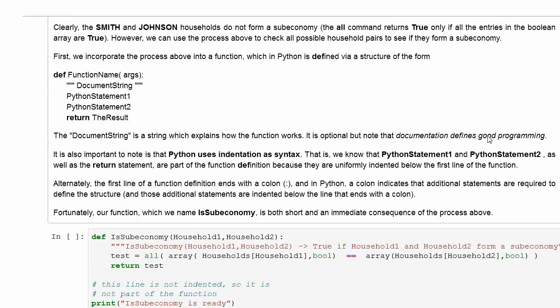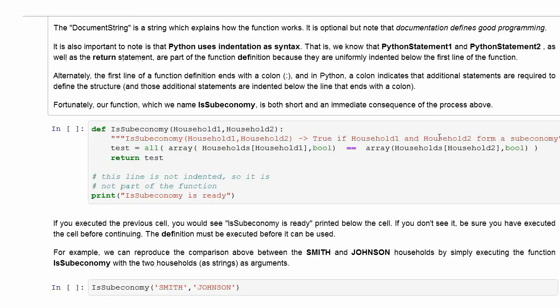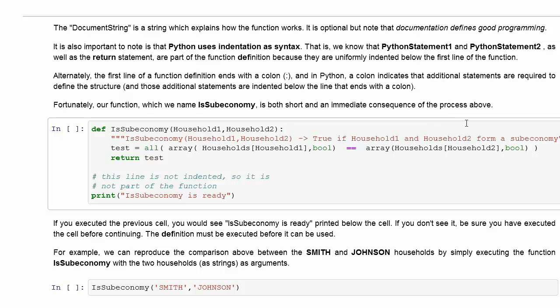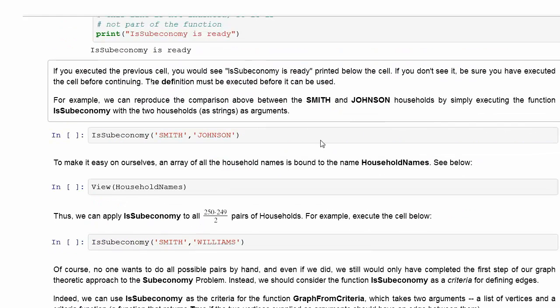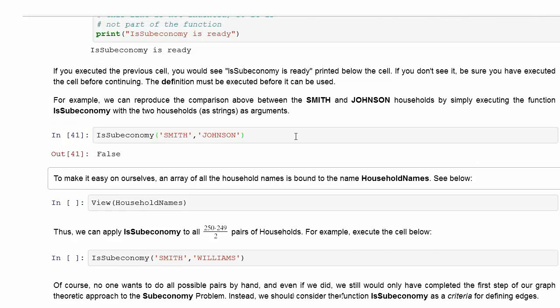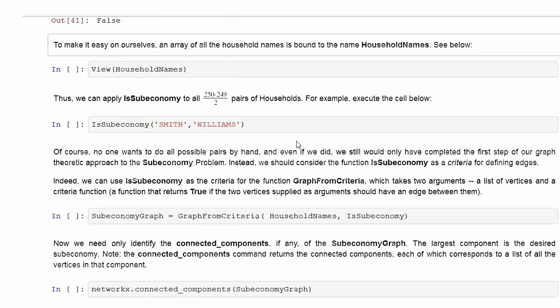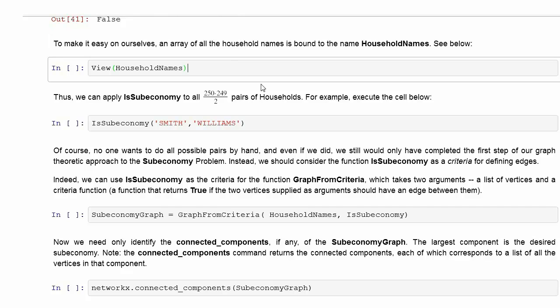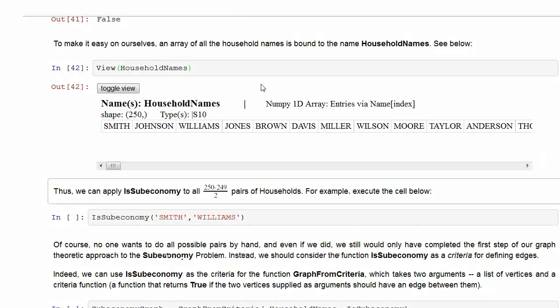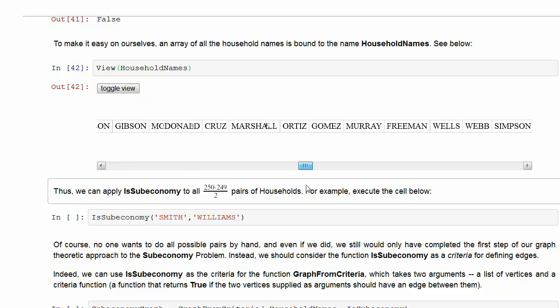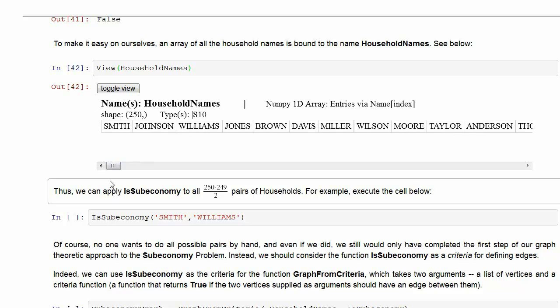So we define this simple little procedure, the is subeconomy procedure, and Smith and Johnson don't form a subeconomy. Now, of course, there's 250 households. You can see the names there of the households. And most of the time, when we choose a pair, we're not going to get a subeconomy.